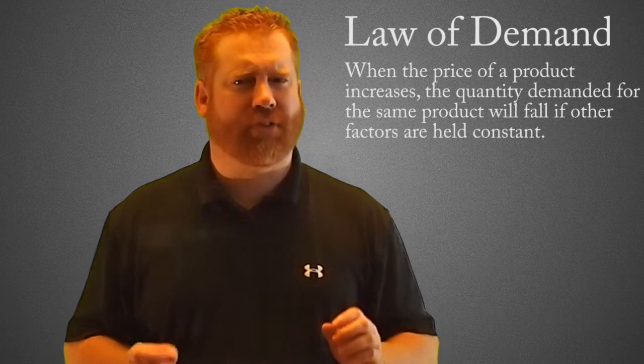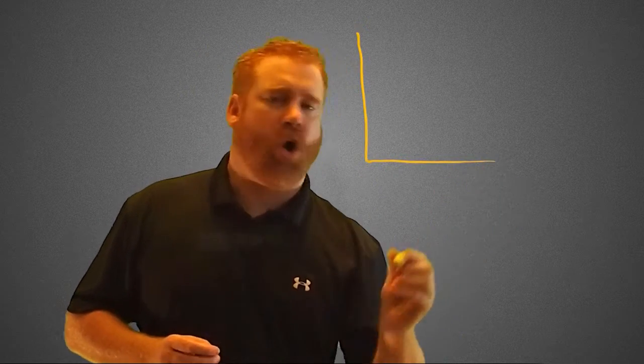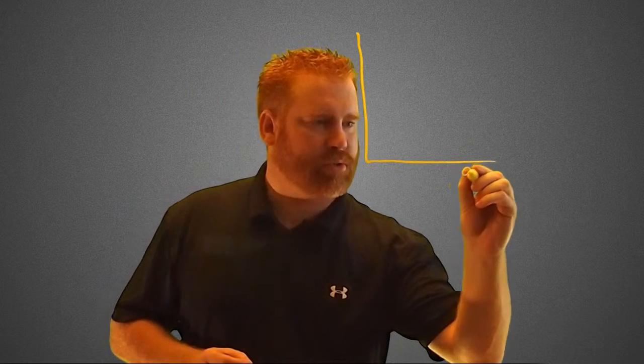Now let's take a look at what this looks like graphically. You may find the law of demand easier to understand when looking at it graphically. So, like all of the graphs today, we are going to have a vertical axis and a horizontal axis. On our horizontal axis, we are always going to have quantity, which is the amount that we will purchase of the product.